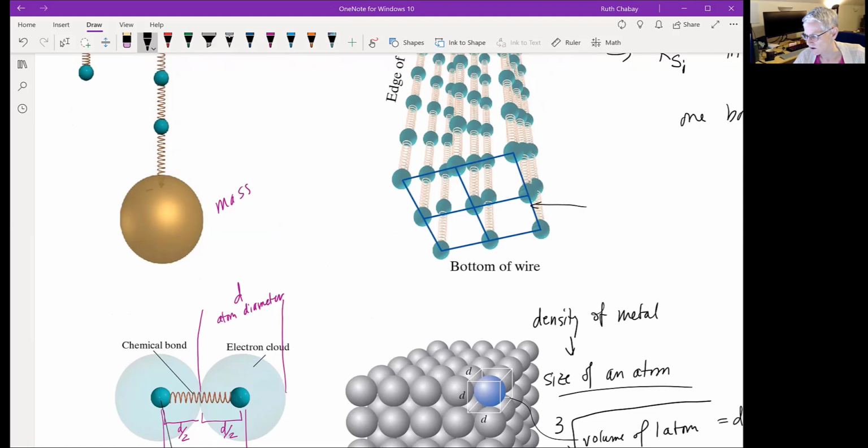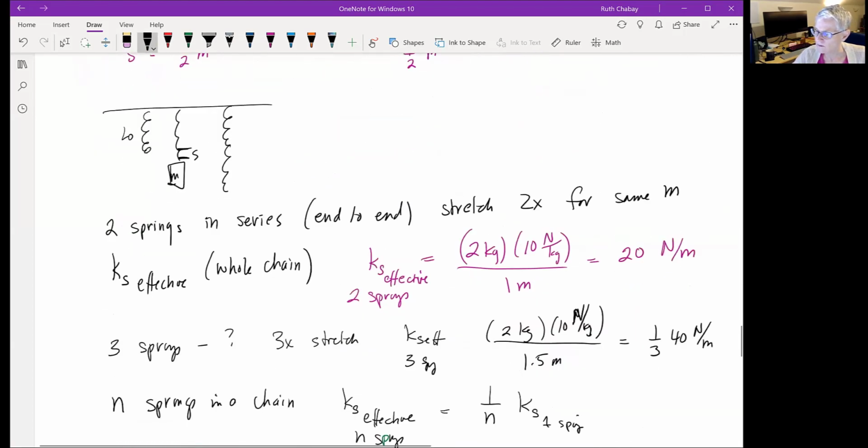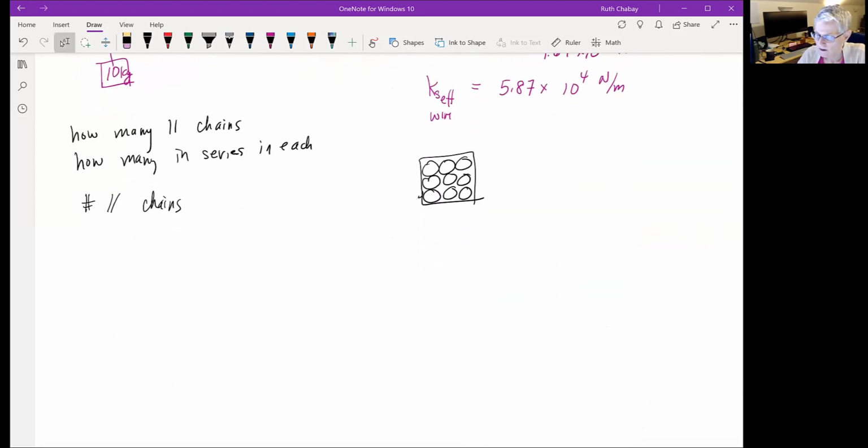So this is the cross-sectional area A. We're going to figure out how many atoms there are there, because that'll tell us the number of parallel chains. So the number of parallel chains is just equal to the cross-sectional area of the wire over the area of one atom.